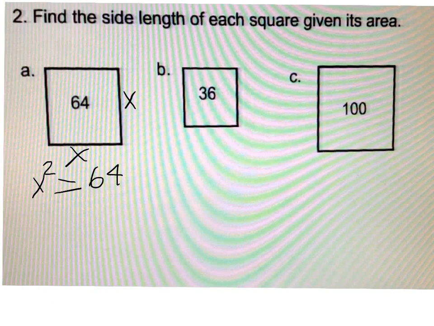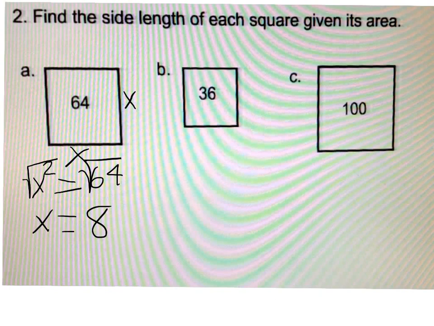Well, we want to find x. So how are we going to find x? If we're going to undo x squared, we're going to take the square root of it. So we are going to undo the 64, square root of 64. Well, the square root of 64 is 8. That means the square root of x squared, or x, must be 8. So the side length is 8.